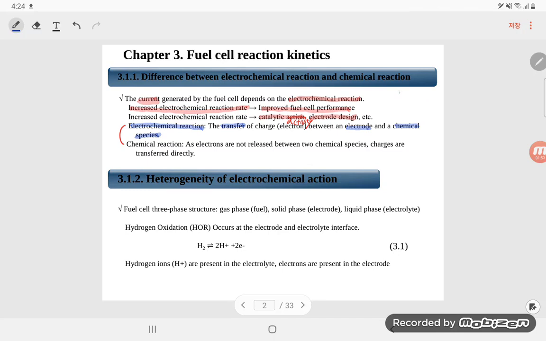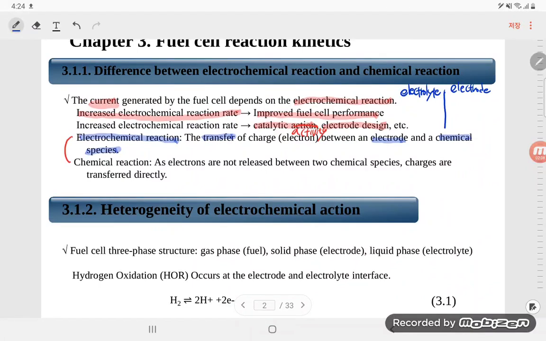If there is an electrode in here, that is the electrode, and if there is an electrolyte, in the electrode the electron can pass through it, and in the electrolyte only the ion, the proton, can move through it.